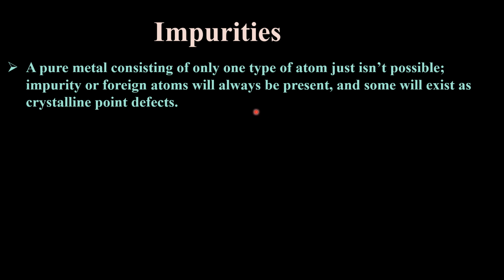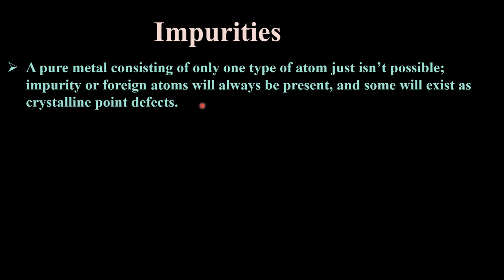So we can say that it is not possible to synthesize highly pure materials. In fact, even with a relatively sophisticated technique, it is difficult to refine any metal to a purity in excess of 99.999%.